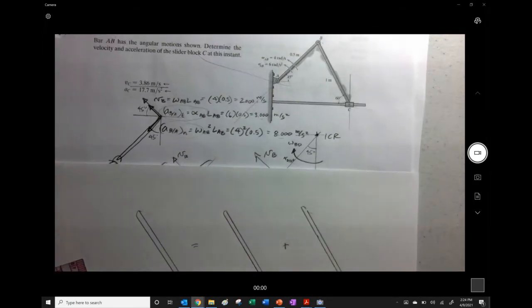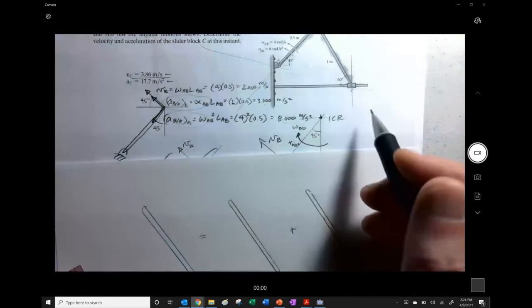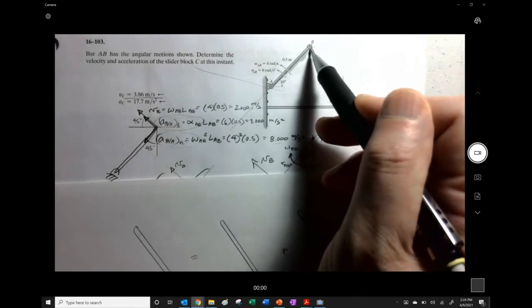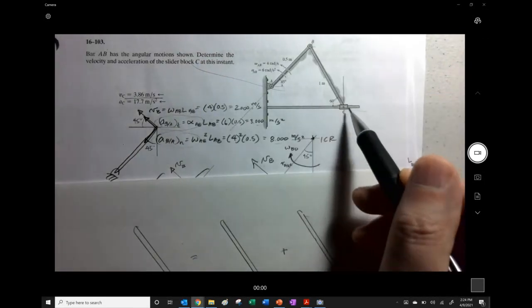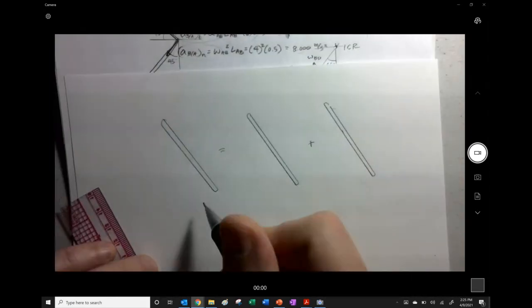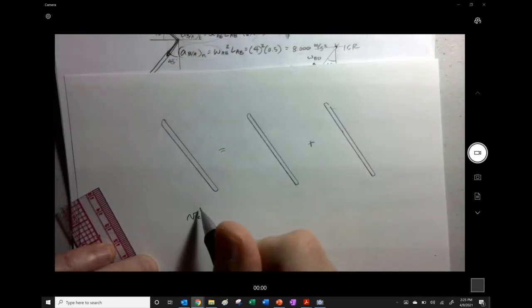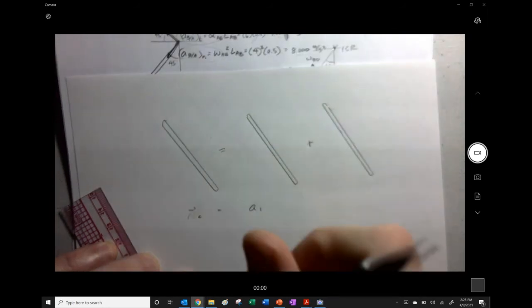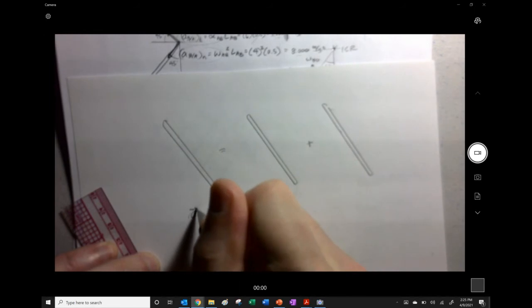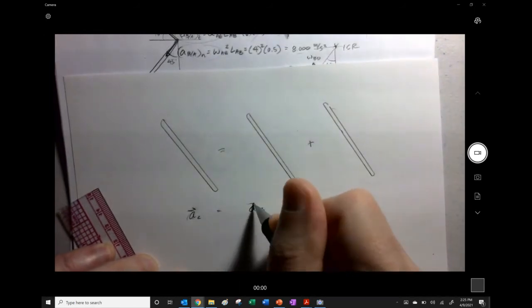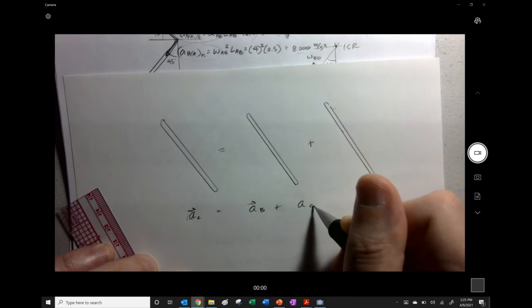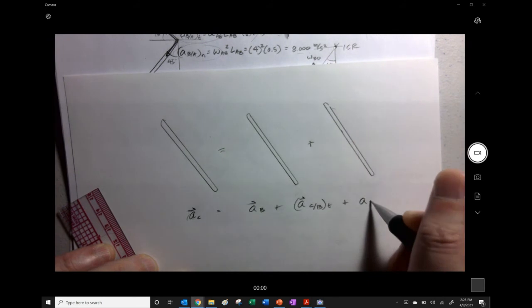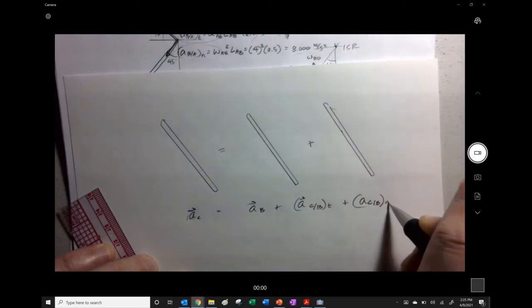Okay, in writing this, I know the information about B, so that's the thing I'm using as my translation, and C is what I'm going to be writing the equation for. So I take the acceleration of C, my friend, and it's going to be equal to the acceleration of B plus the acceleration of C with respect to B in the tangential direction plus the acceleration of C with respect to B in the normal direction.